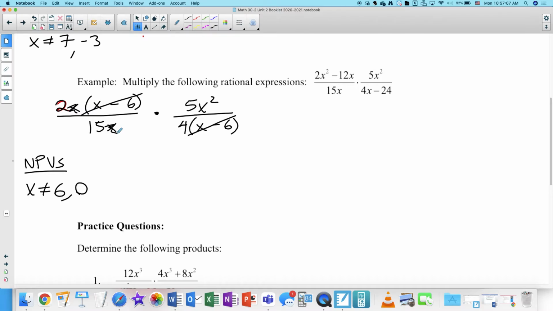So if you want to do that in one step, you can. Or you can take a moment to regroup and say, OK, what have I got left in the numerator? I've got 2 times 5x squared is 10x squared over 15 times 4 is 60. Right? And then 10 over 60 is 1 over 6. So in the numerator, I just actually have x squared over 6.